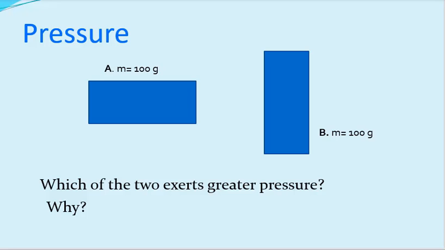We can say that A has a greater area of contact compared to B. So which do you think exerts a greater amount of pressure? Okay, correct. Letter B exerts a higher amount of pressure because the area of contact is smaller compared to A. So we can say that pressure is directly proportional to the force, but inversely proportional to the area of contact on which the force is exerted.